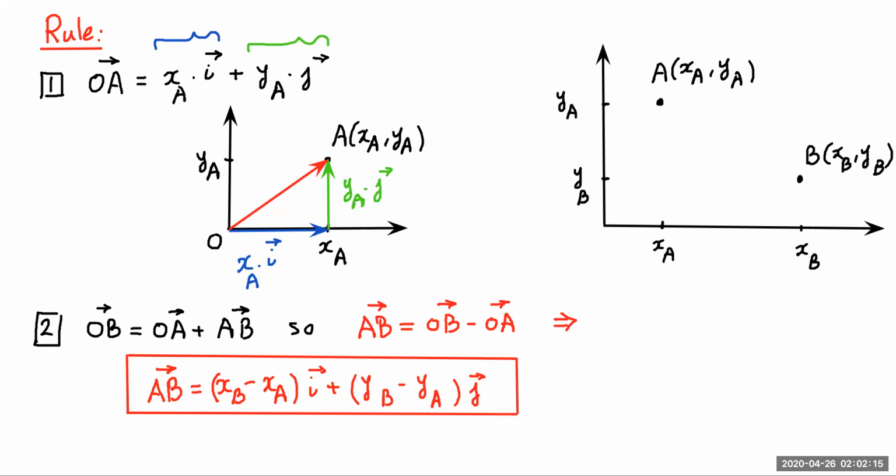Okay, now property number 2. If I take OB equals OA plus AB, then after that, I can write AB as OB minus OA. So if I use the last formula, what is OB?